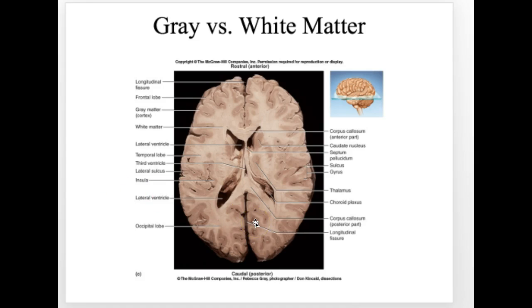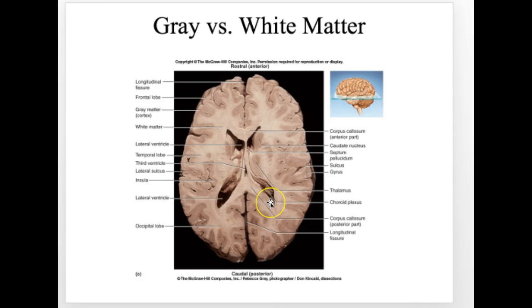Also note the differences between gray matter, which you can see mostly on the outside layers of the cerebral cortex, and the inner white matter. The difference between these two is really the presence of myelin surrounding axons within the white matter.